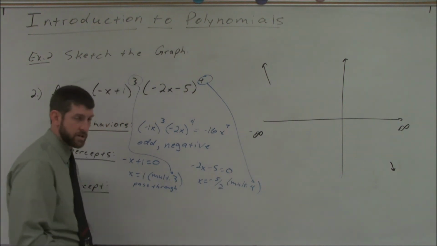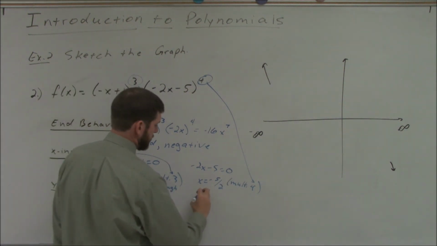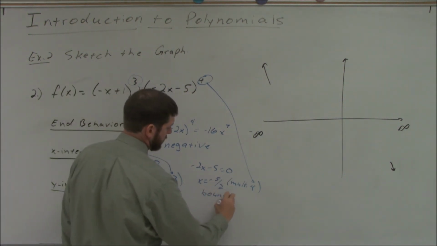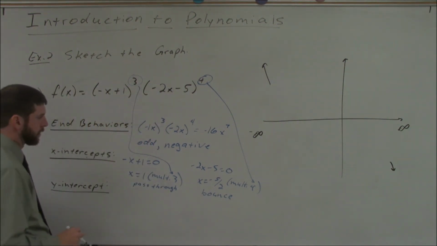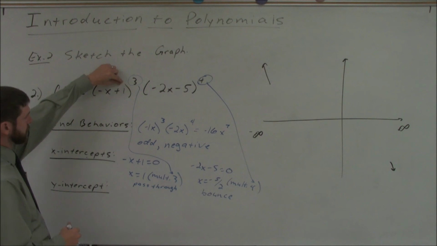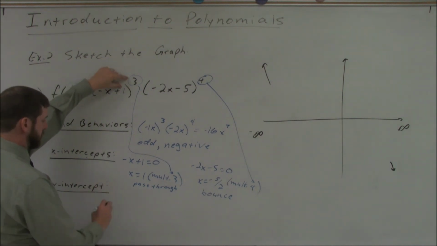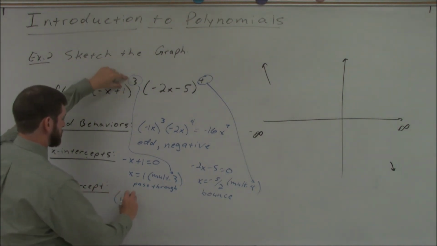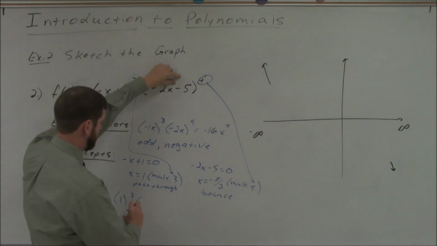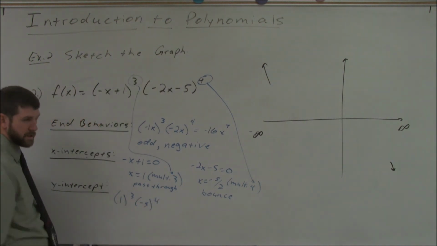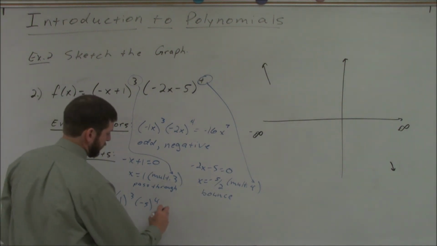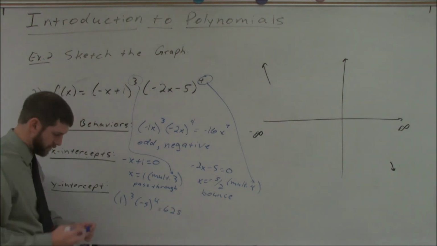That's even. 4 is an even number, so that tells me it's a bounce off point. Touch but don't pass through. And then our y-intercept. Y-intercept comes from the constants, our last terms. So 1 to the 3rd and negative 5 to the 4th. Well, that's 1. That is 625. So 625 is our y-intercept.